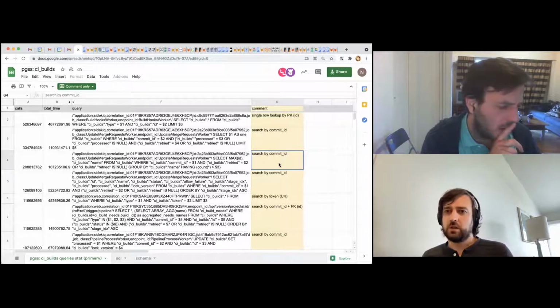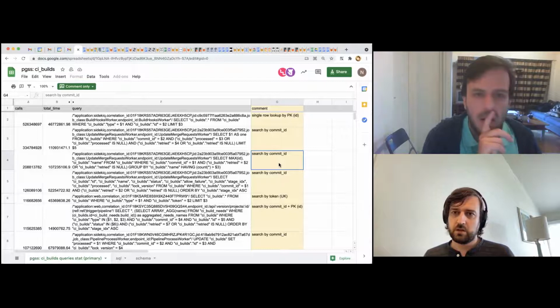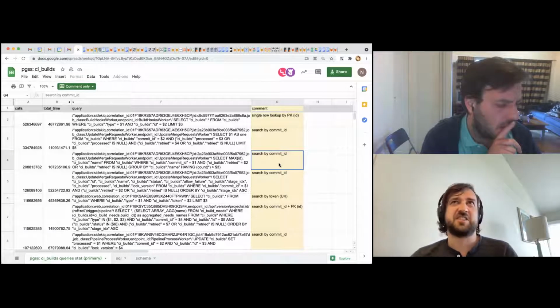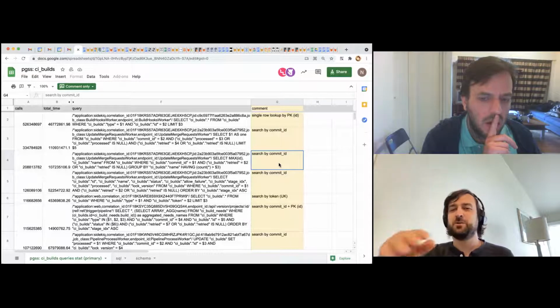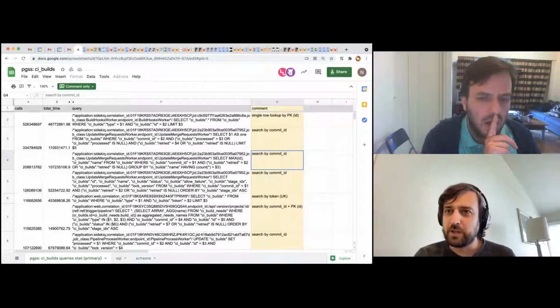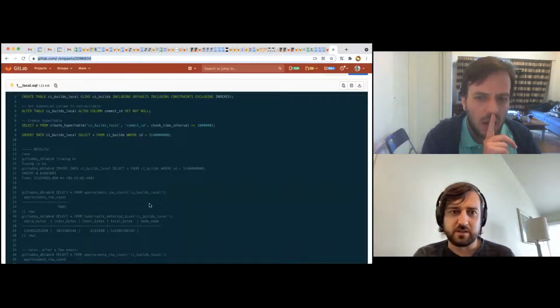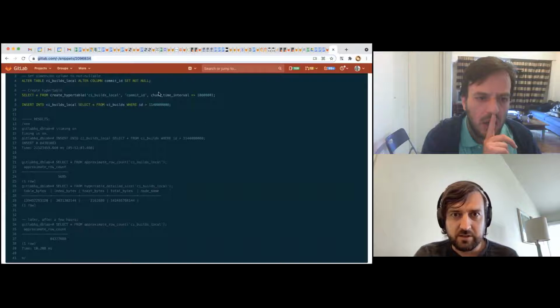Moreover, what was the period of time for this? Right. This is interesting. If we choose time, for example, months, then some old months will have much less data than new months, right? Because rates are increasing. If we choose commit ID, I took, I believe, 1 million as the chunk time interval.